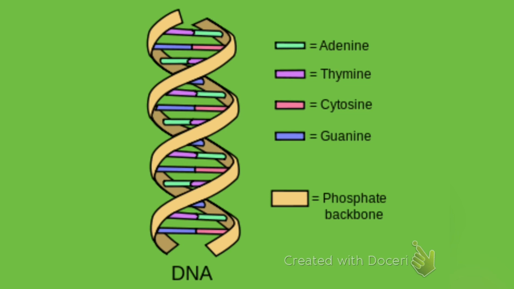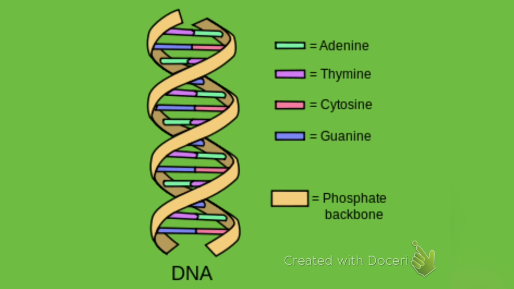And while the bonds between the sugar phosphate backbone and its nitrogenous bases may or may not be easy to see, the bonds between nitrogenous bases is relatively easy to see.